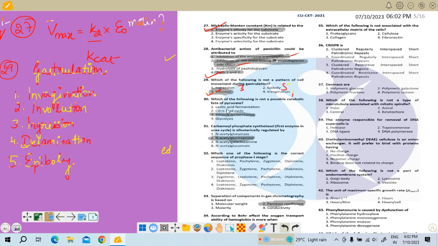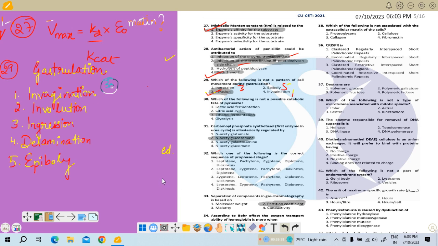30th, which of the following is not a possible catabolic fate of pyruvate? Lactic acid fermentation, citric acid cycle, ethanol fermentation, then glycolysis. Fate of pyruvate. So this is somewhat anaerobic respiration, right? Because alcohol, or you can say ethanol formation is there.